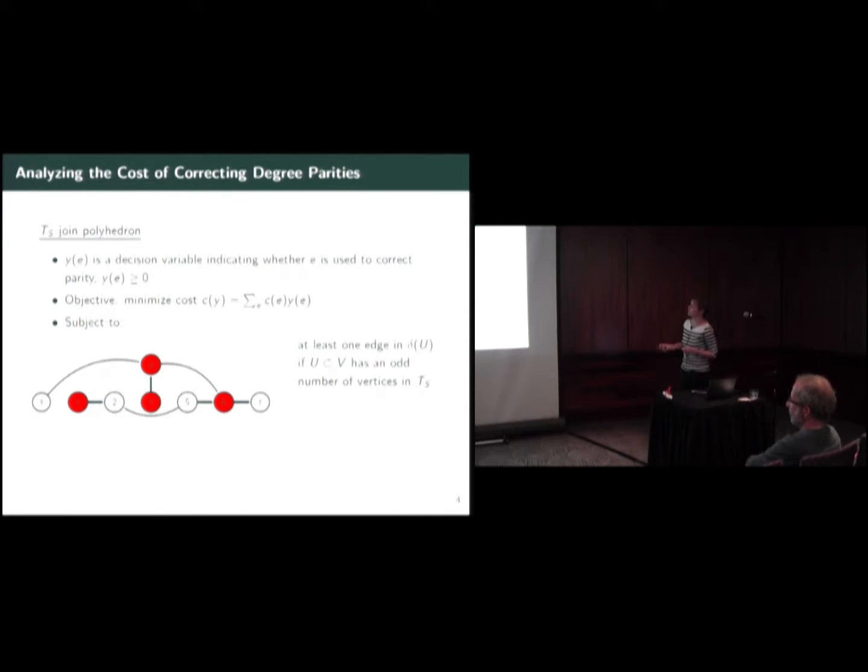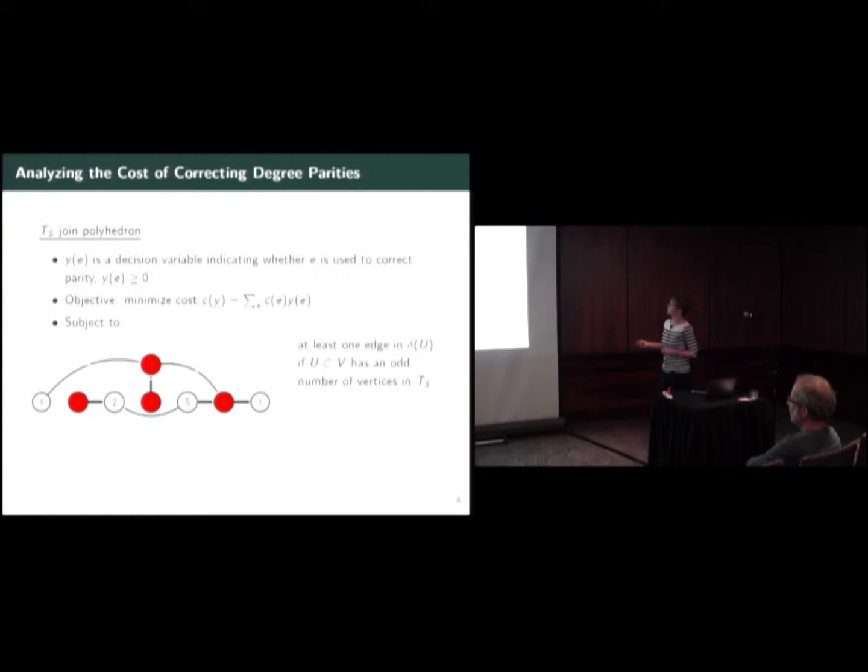Here's an example of a tree. The red nodes in the tree are the ones that have the wrong parity, right? S and T should have odd degree, so they're good. 2 and 5 should have even degree, so they're good, but the other nodes have the wrong parity. Now if I look at a subset of nodes here, if it has an odd number of nodes in T_S, then my T_S-join should have at least one edge going out of that set. And here's another example.